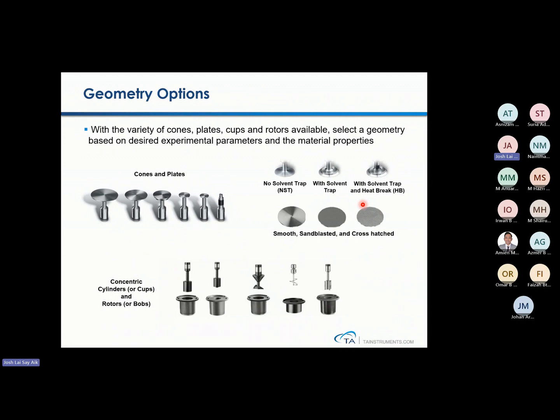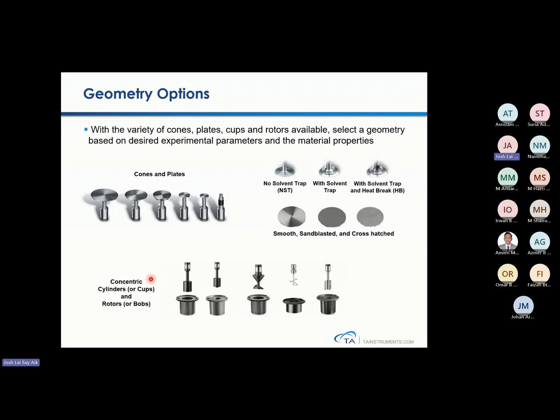Sandblasted and crosshatch surfaces are typically for tests where you just want to get the sample transition temperatures like Tg. For samples that will evaporate, you can go for geometries equipped with a solvent trap, or just a normal one without the solvent trap. For temperature ramp tests, you can go for geometries that come with a heat break as well.